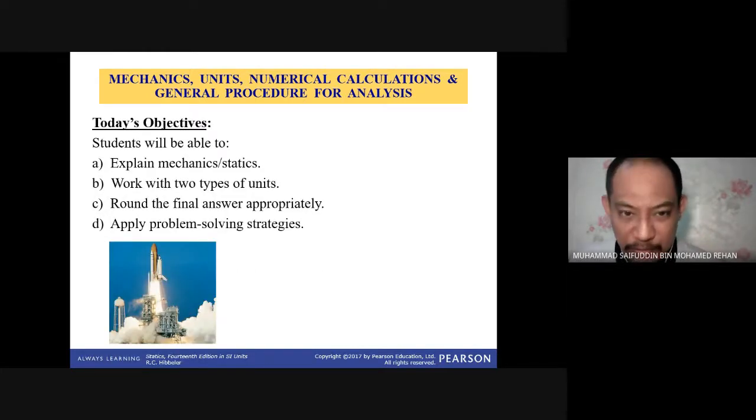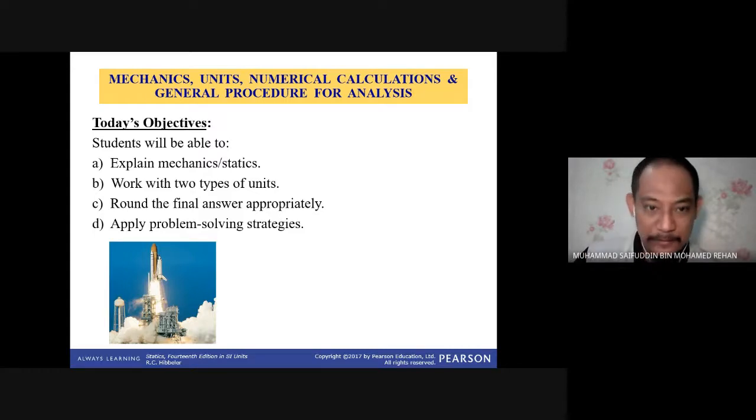Now, the objective of this chapter 1 is just to explain what is mechanics and what is statics and the units that we'll be using, rounding of numbers, and apply problem solving strategies.